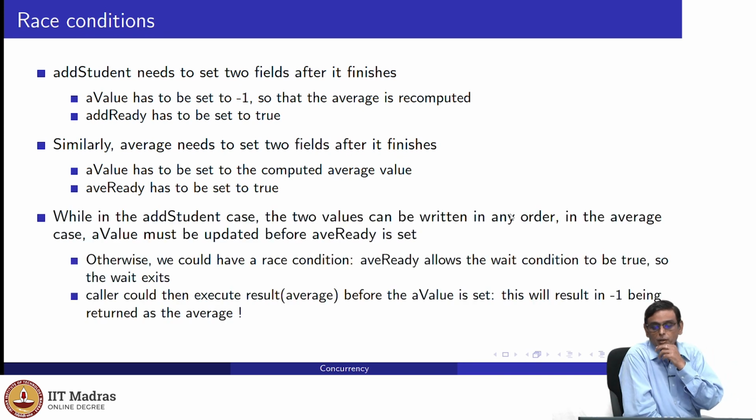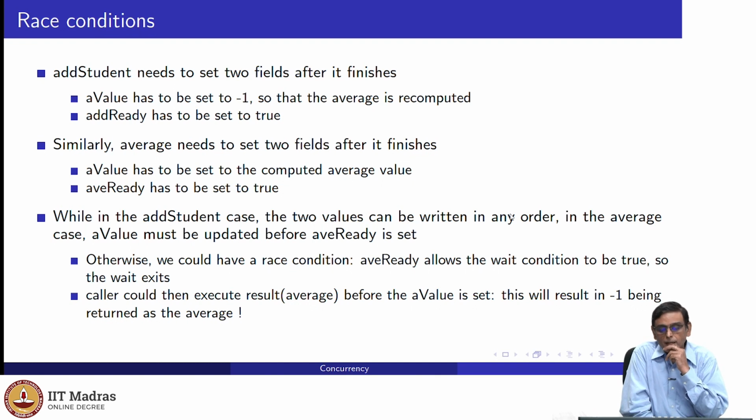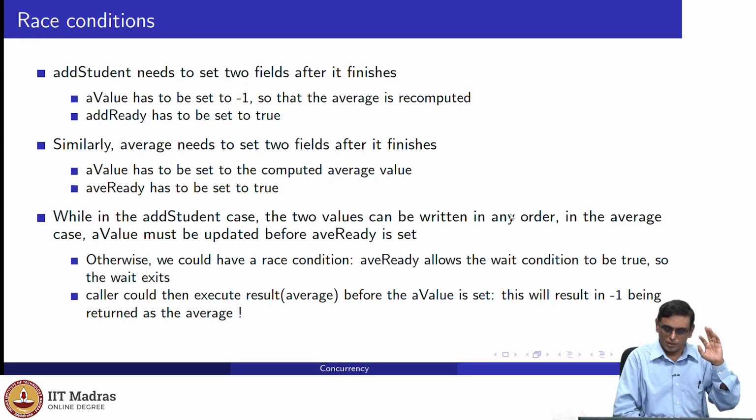So in the case of add student, it looks like we can set the a value and add ready in any order. You could set a value first and then add ready, or add ready and then a value, nothing may go wrong. Okay, it looks like that. We'll have to see, right? But definitely there is a problem with average, right?